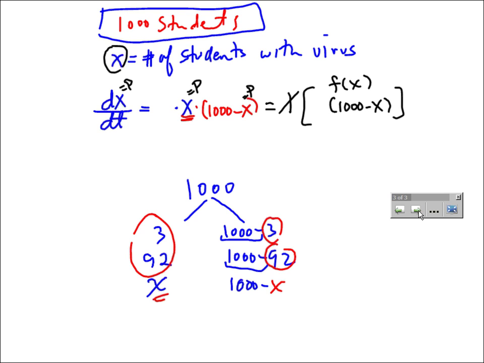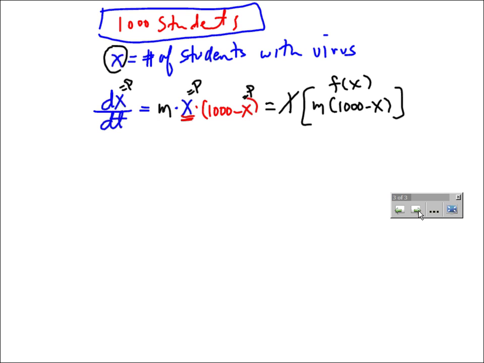Use a different letter. Use M. Use M. Okay? M is the constant of proportionality. So now we have our equation. And they give us some more information.